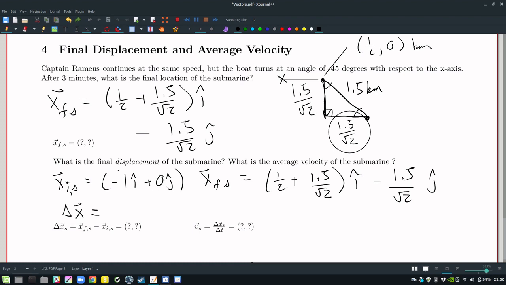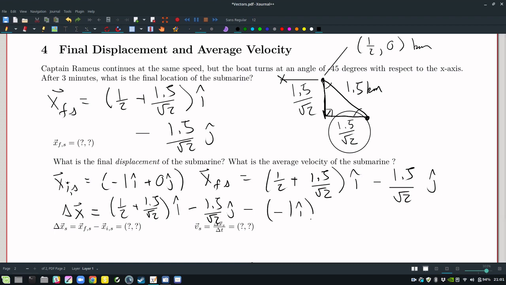So if you subtract minus 1, you get the following: 1/2 plus 1.5 over root 2 i, and then minus 1.5 over the square root of 2 j. That's the x final. But I'm going to subtract the minus 1i plus 0j, and so this becomes just a positive.